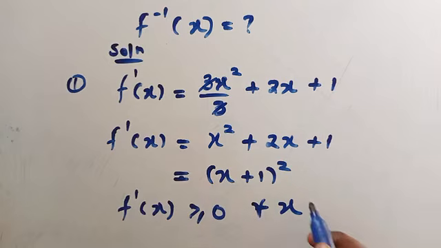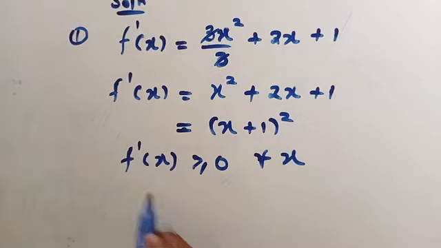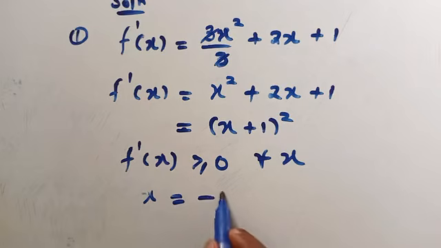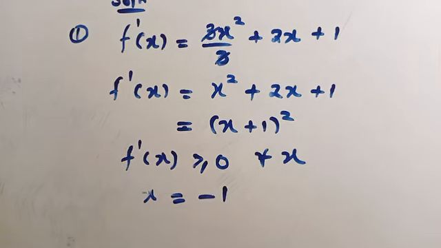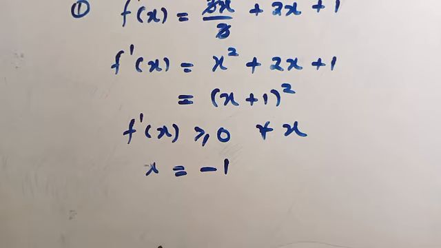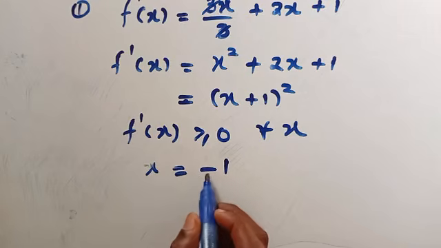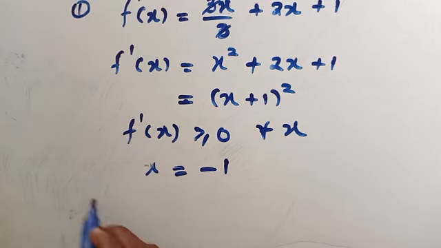If we test x as negative, it always gives us positive because of this square. So at x equals minus 1, the derivative is 0. Let's check by substituting x equals minus 1 into the original function.